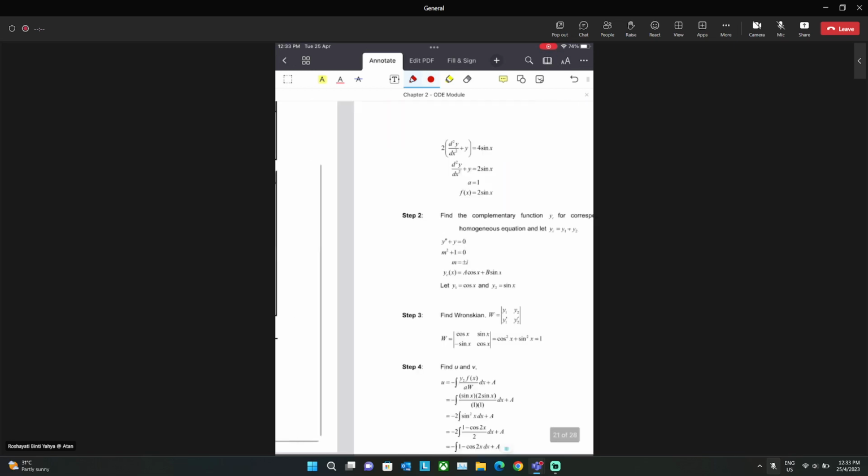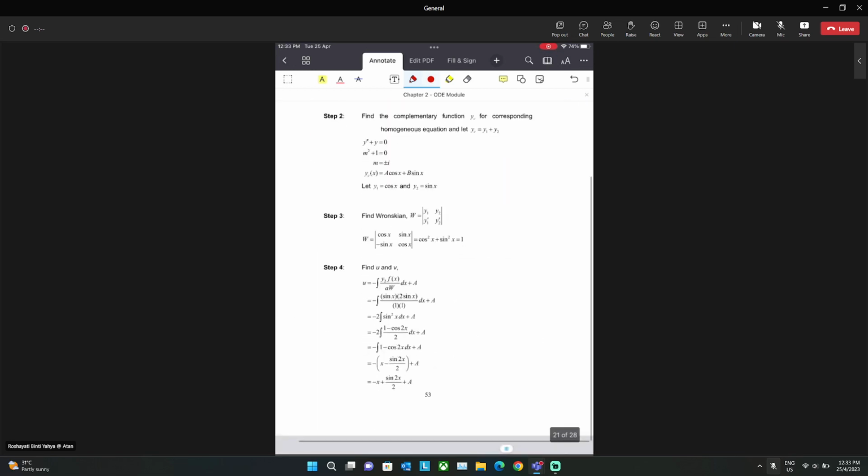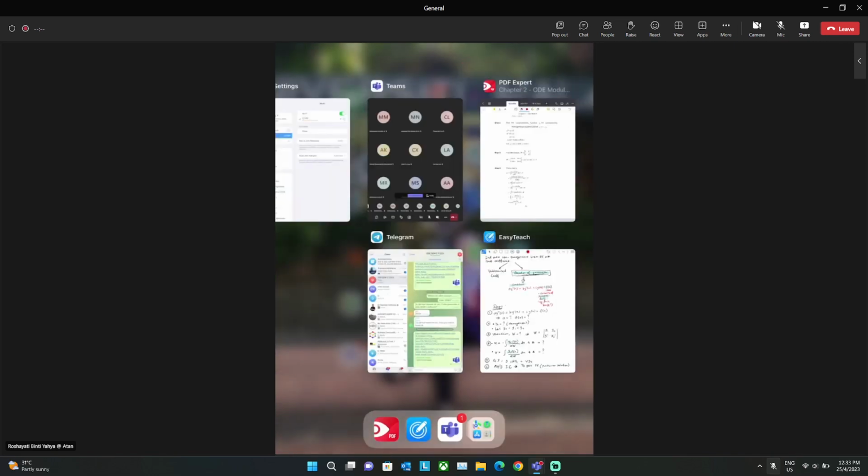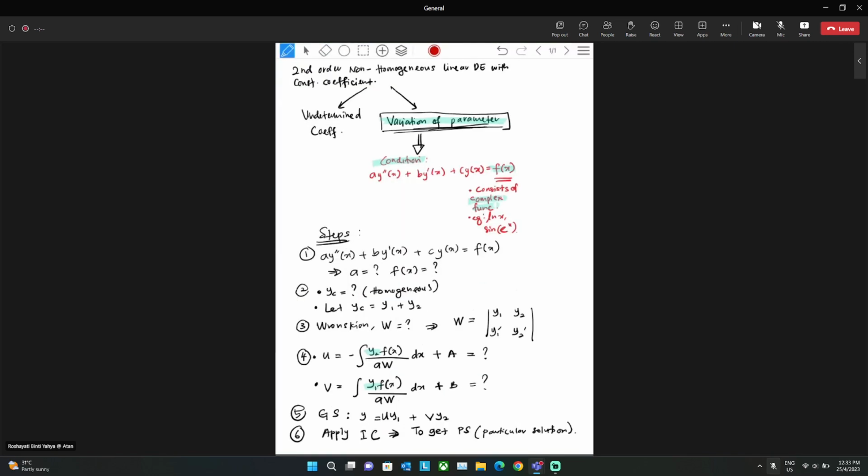I left it based on my notes. I would like to go together with you here, not referring to the module, but you can also write in the module, same thing.